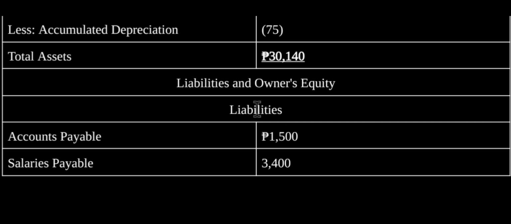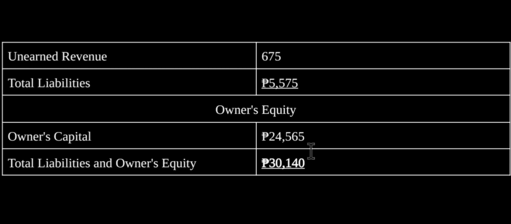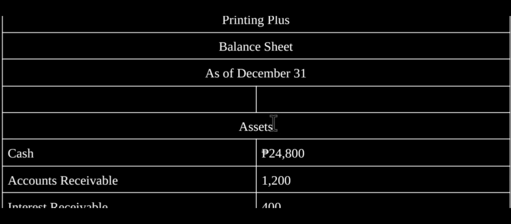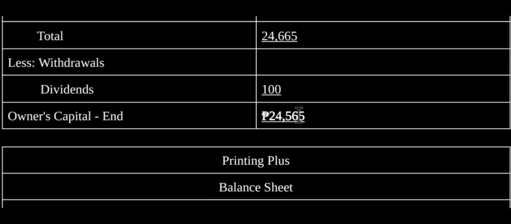30,140. For the liabilities and owner's equity, we have accounts payable 1,500. Salaries payable, we have 3,400. Unearned revenue 675. And the total liabilities, we have 5,575. Now for the owner's equity, the owner's capital as we calculated above, here we have 24,565.